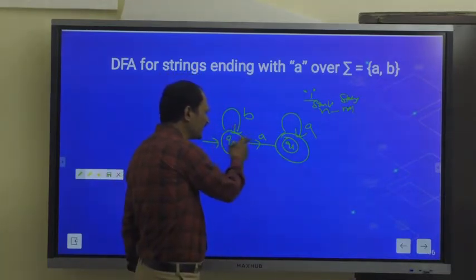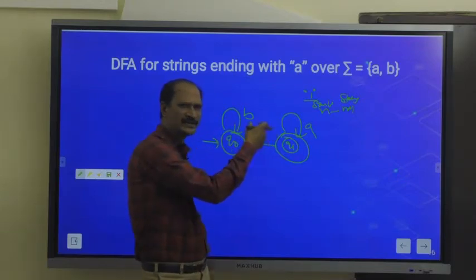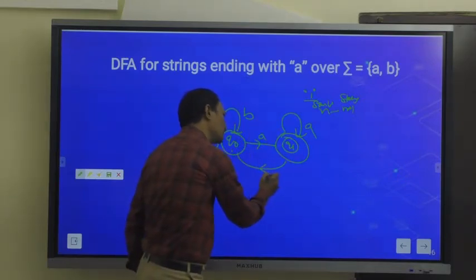Q0, and this indicates that you have applied a self loop of B on Q0. So you just iterate it.